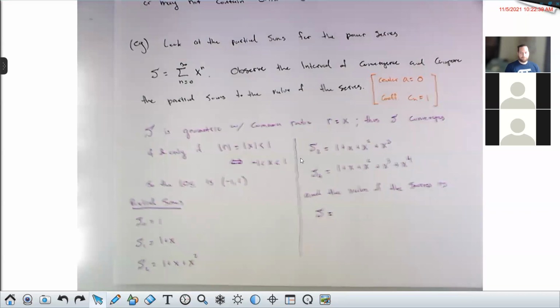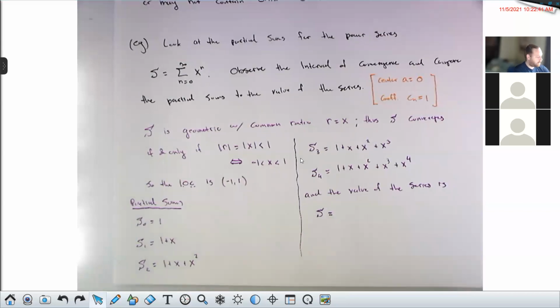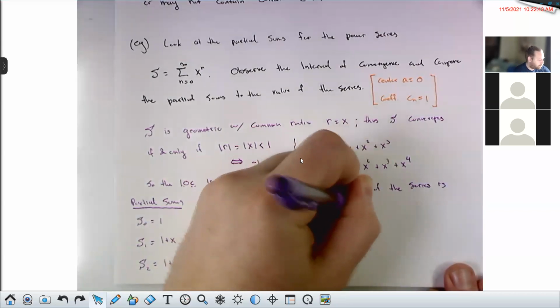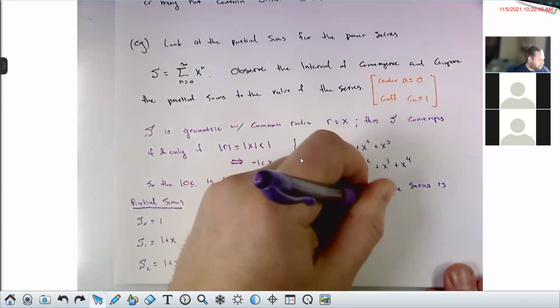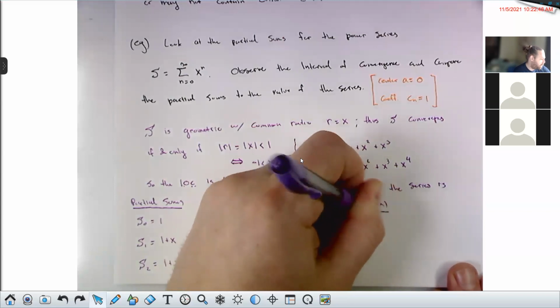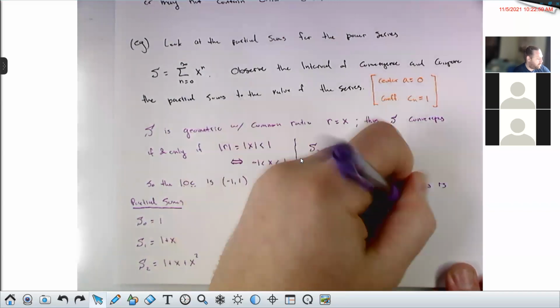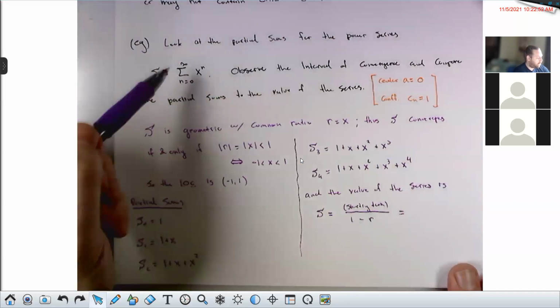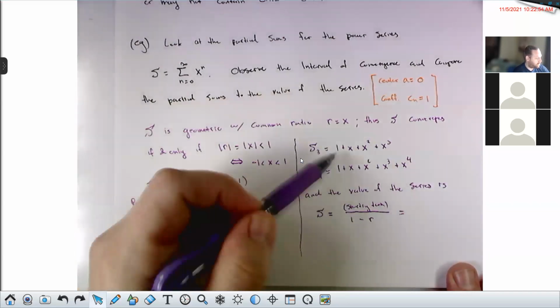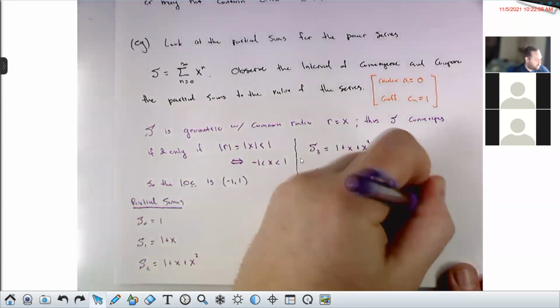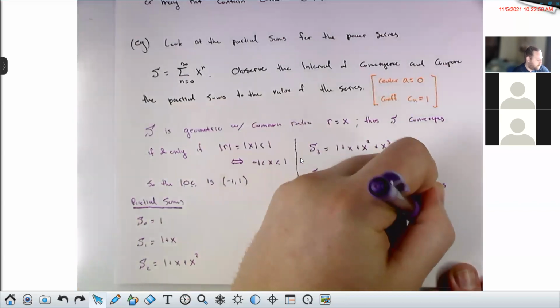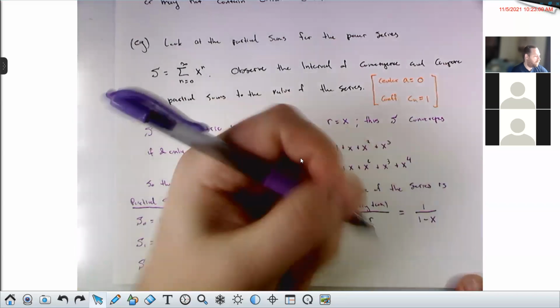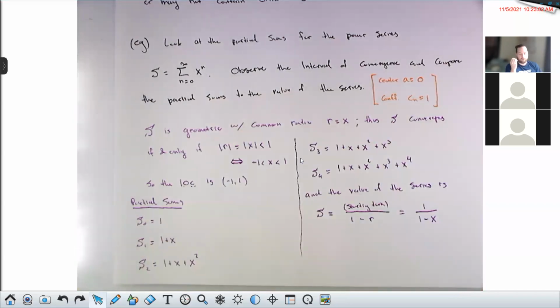The starting term over 1 minus r. Beautiful, yeah. This is the starting term divided by 1 minus the common ratio. Look at the first few partial sums. The starting term is definitely 1. And the common ratio is x. So the value of this series depends on x. That makes sense, right? It's got a variable x in there. The value of the series is 1 over 1 minus x.